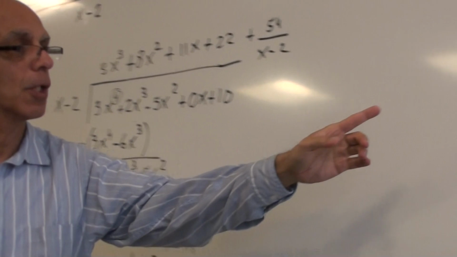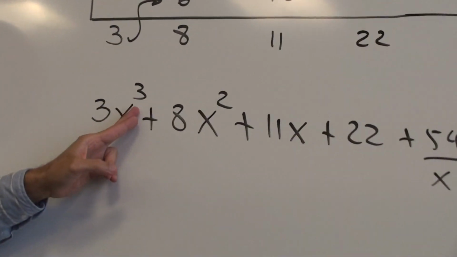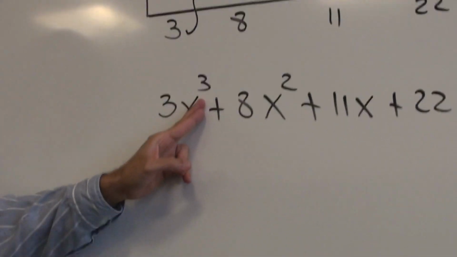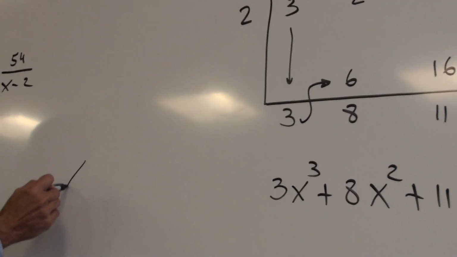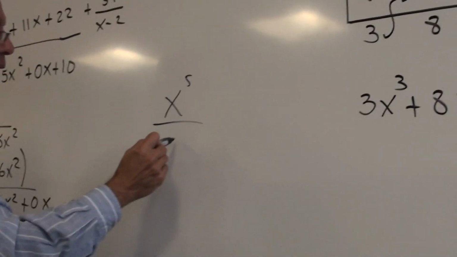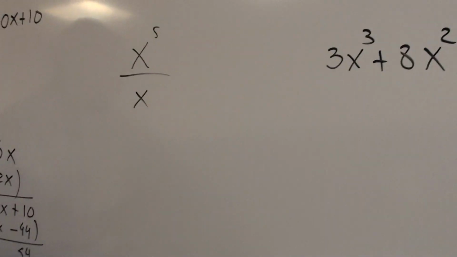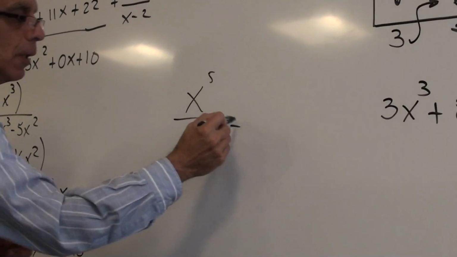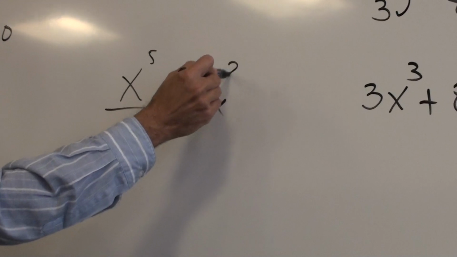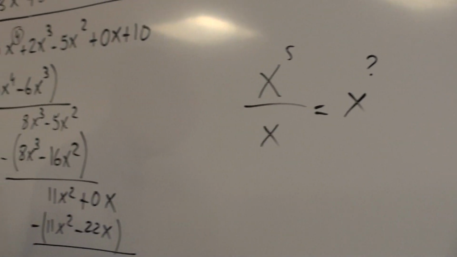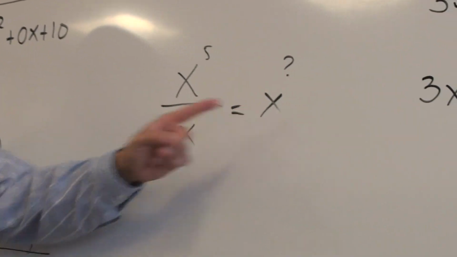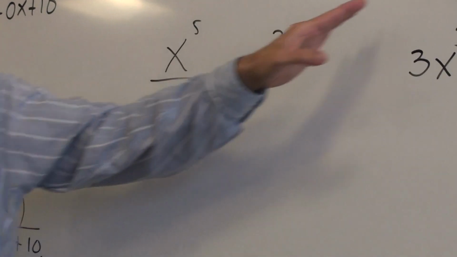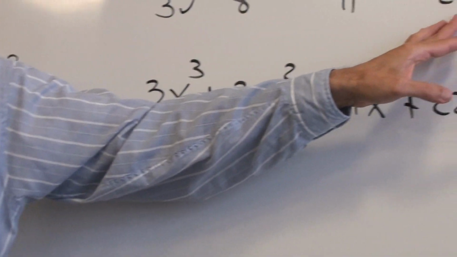So those are the coefficients, and starting the highest degree is going to be 3. Okay? Look, if I have x to the 5th divided by x, right? What's going to be the coefficient here? 4. So it's coming down from 5 to 4. Those are the coefficients of the new polynomial.